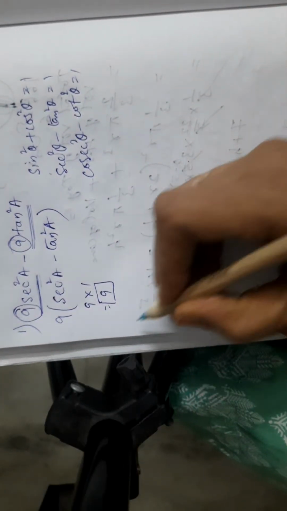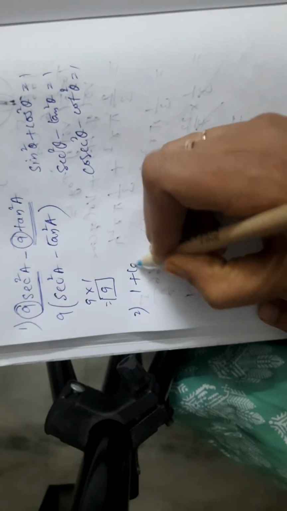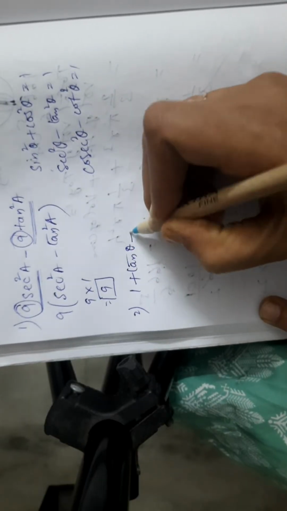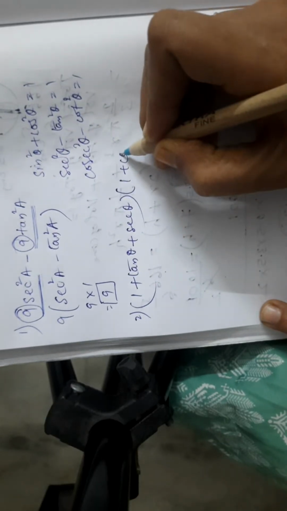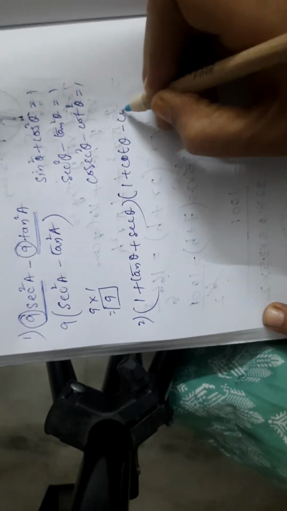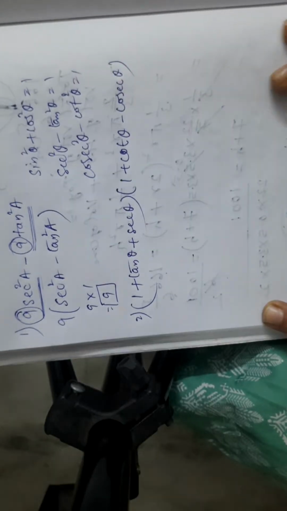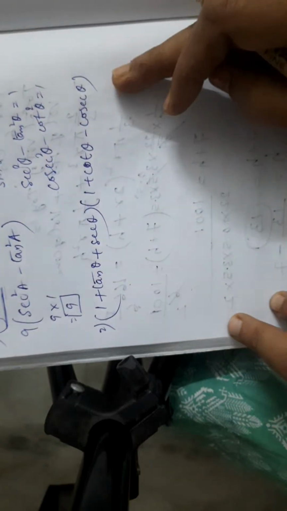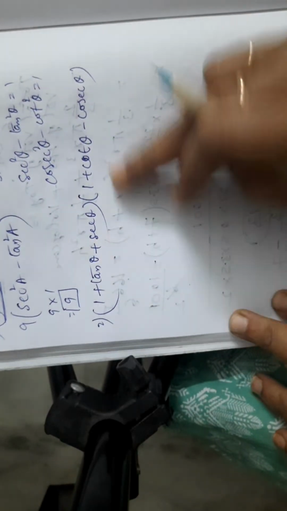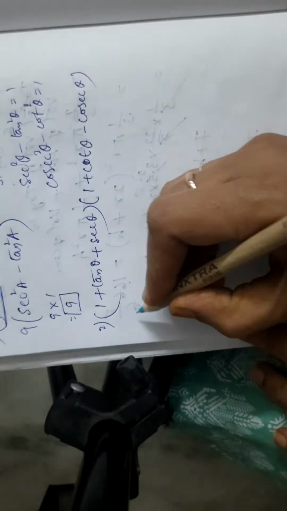फिर next question 2, 1 plus tan theta plus sec theta upon 1 plus cot theta minus cosec theta. We need to find the value. So whenever we have questions in this form, change all the terms to simple forms.